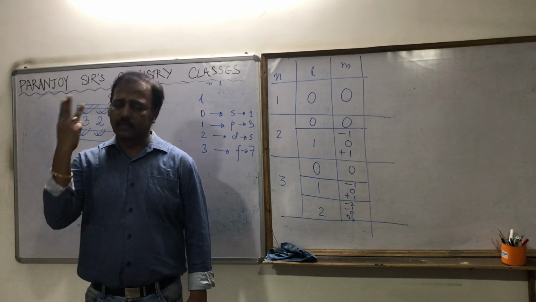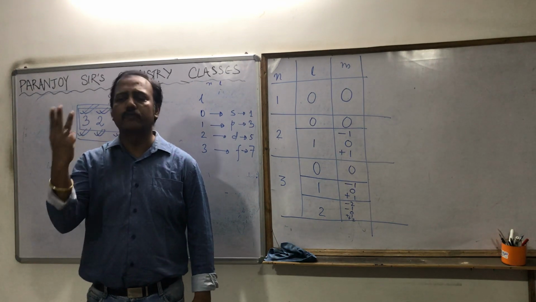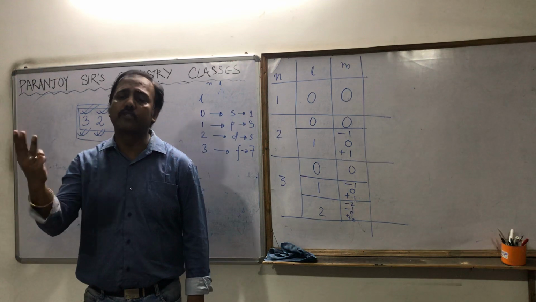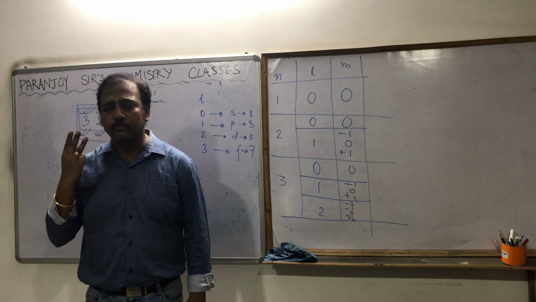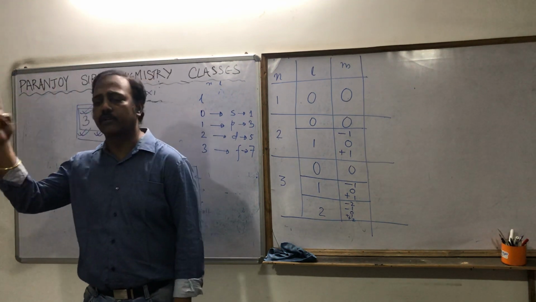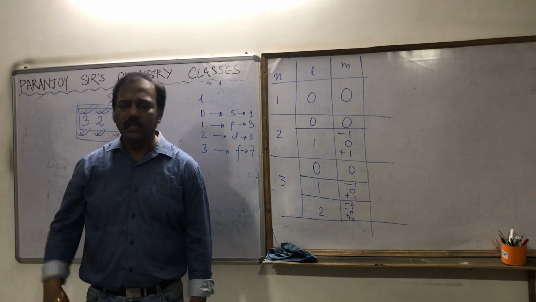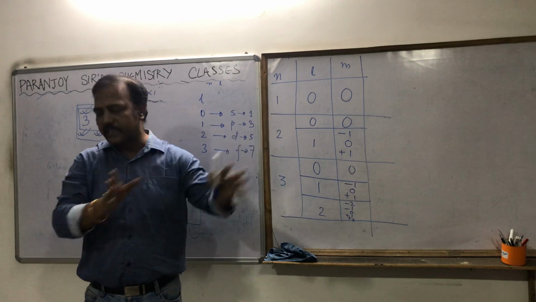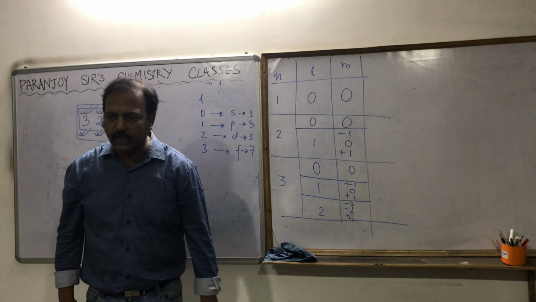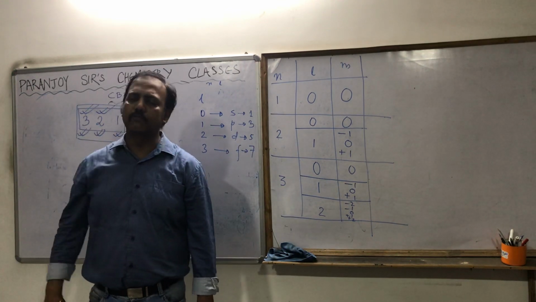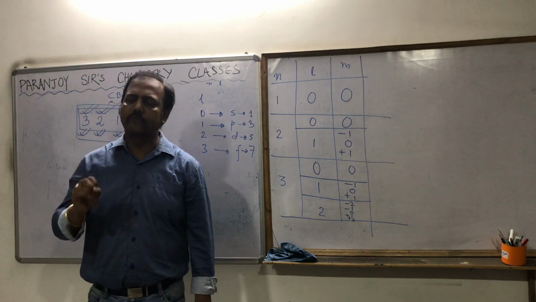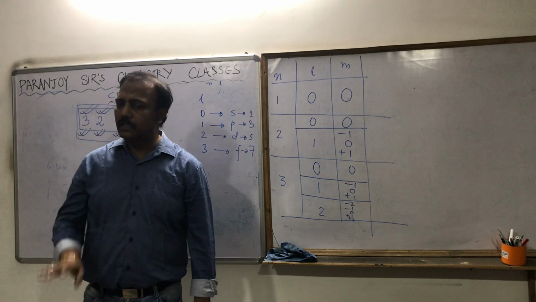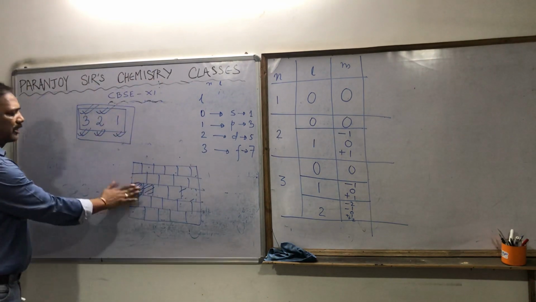Third, magnetic, which will tell which orbital we should go to, whether in the x direction or y direction or z direction in case of p orbital. In case of d orbital, there are 5 different directions. In case of f orbital, there are 7 different directions. Which orbital we go to will be said by the 3 quantum numbers. Okay, so we reached the flat.